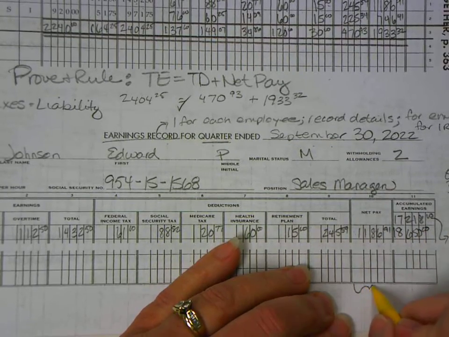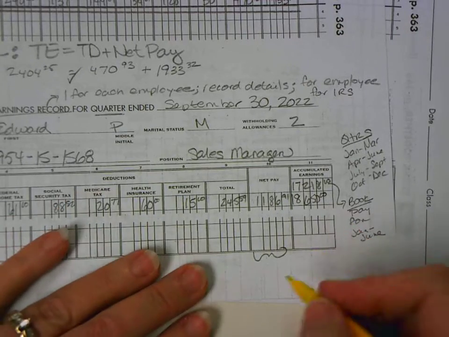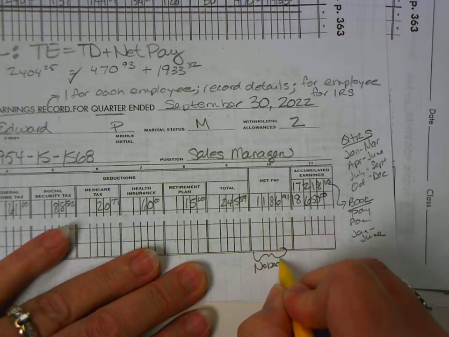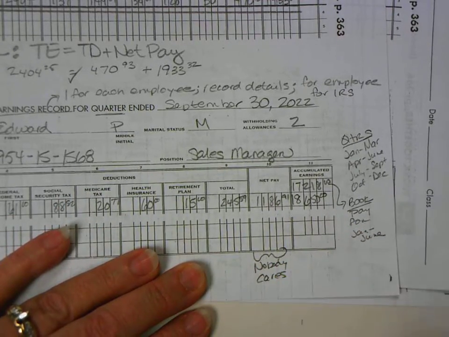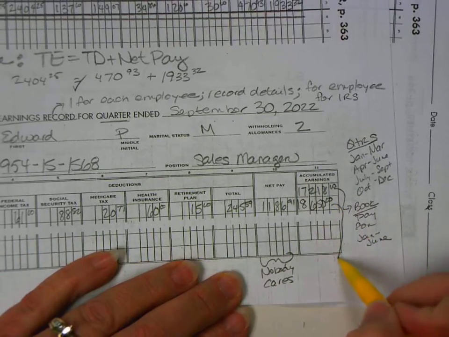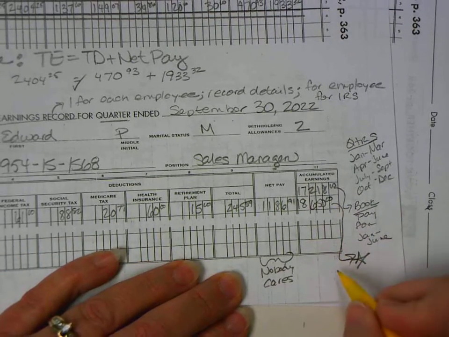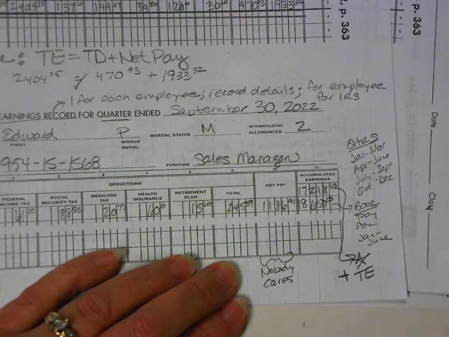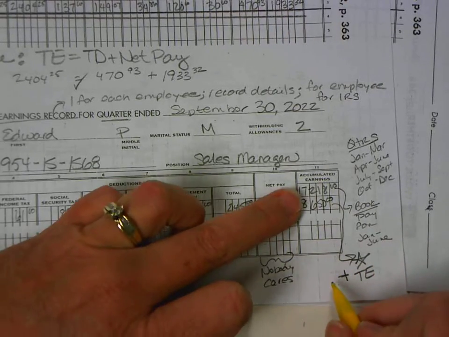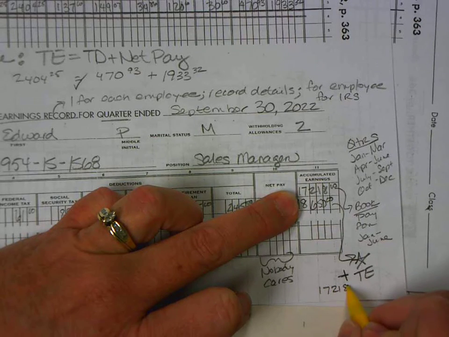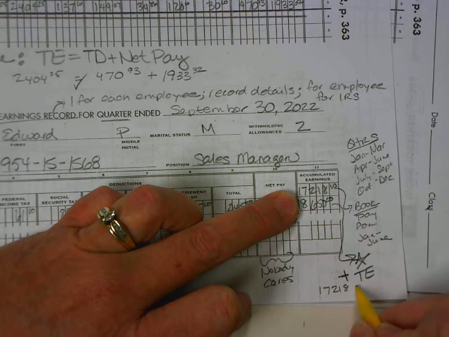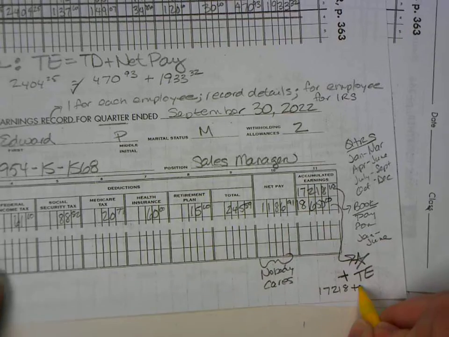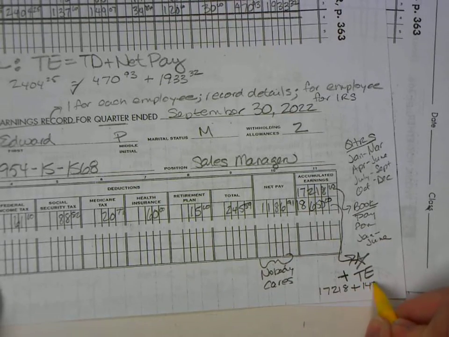So again, nobody cares about this number. This number is adding total earnings. So it was 17,218 plus 1,432.50.